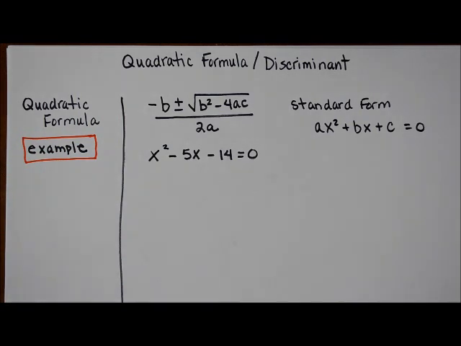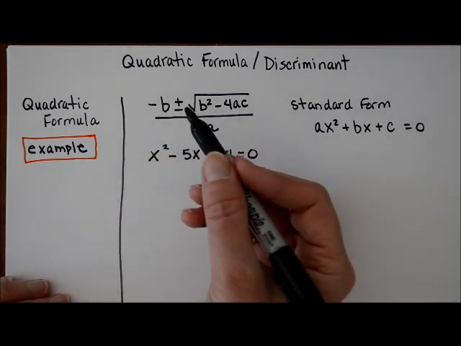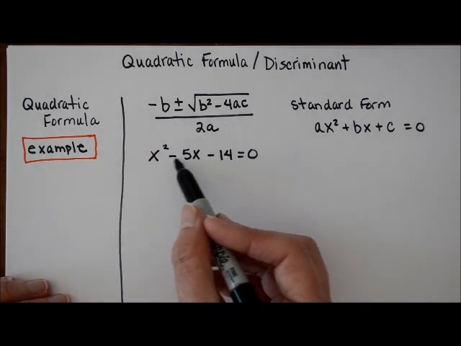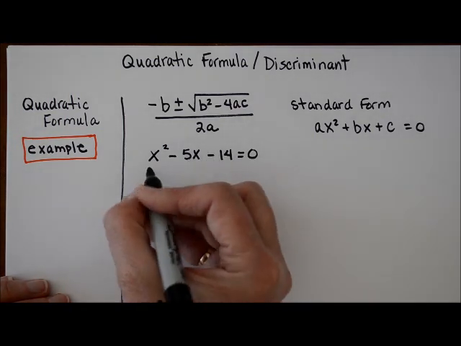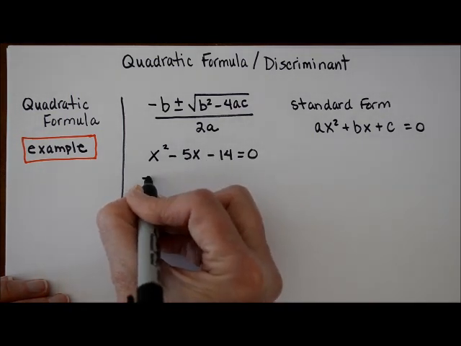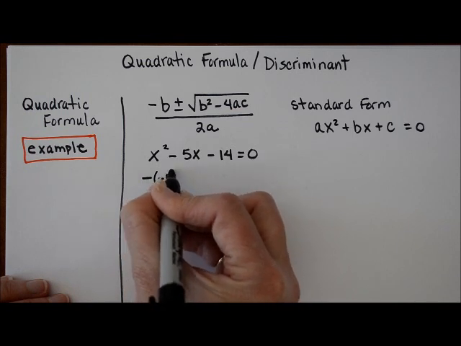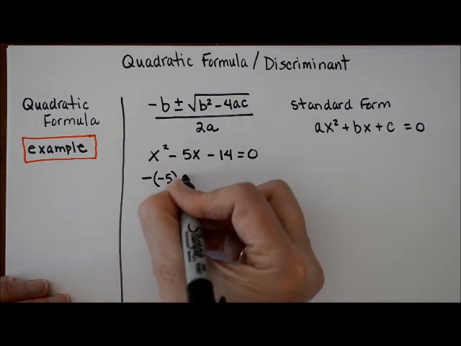So what I have then is the opposite of b, and even in the song we always say the opposite of b because it truly is the opposite of b, because b could be negative, and right here I have b is -5, right? So it truly is the opposite of b, and the way we show it is the opposite of b. Okay, so then you know that it's going to go positive, right? If you look at it like that.